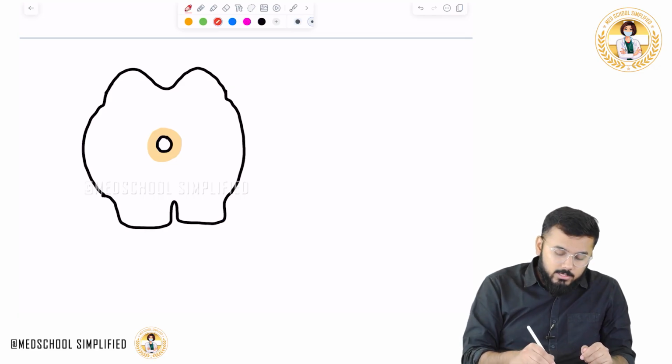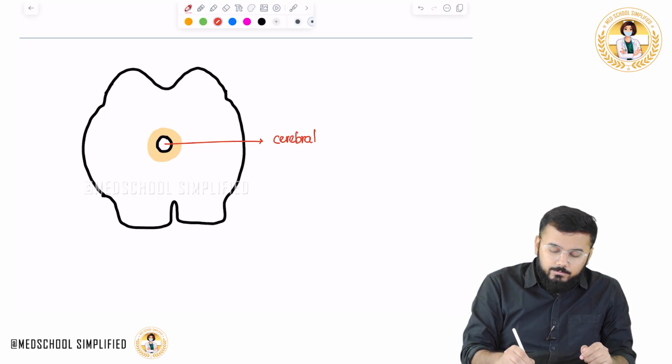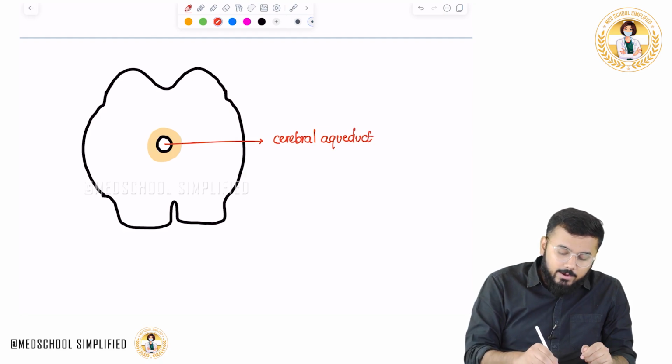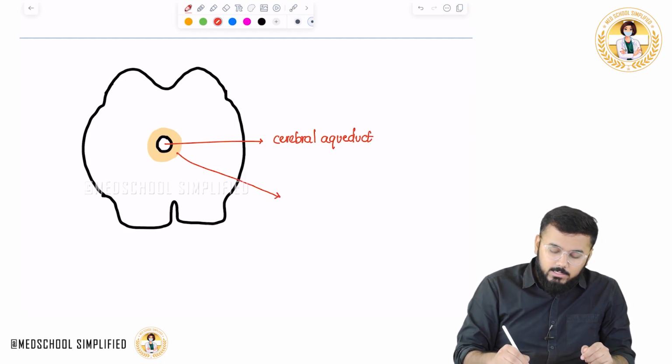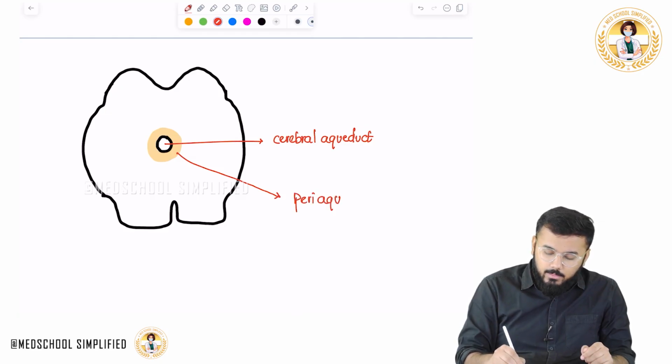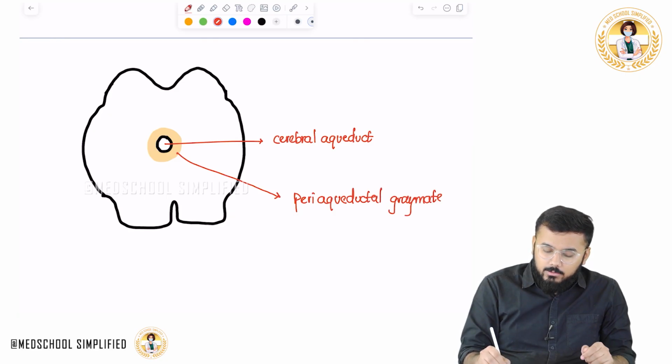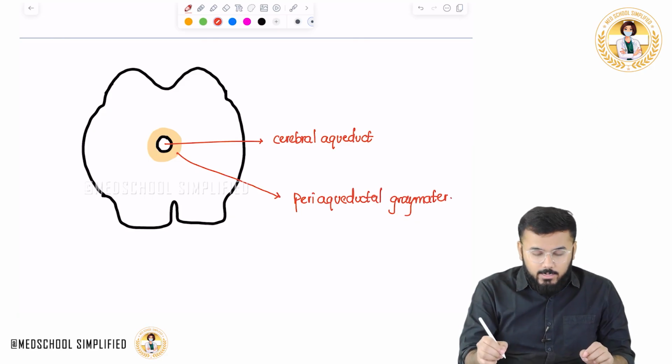This part is called as cerebral aqueduct. So surrounding the cerebral aqueduct, this gray matter, whatever you can see, is called as periaqueductal gray matter.